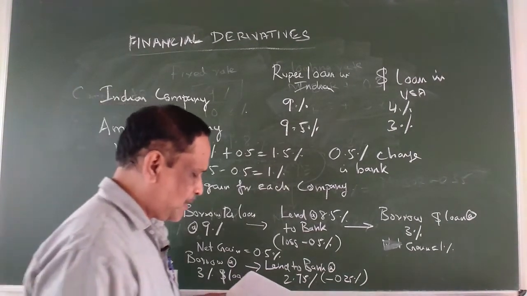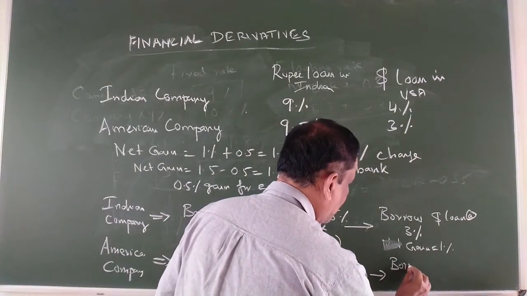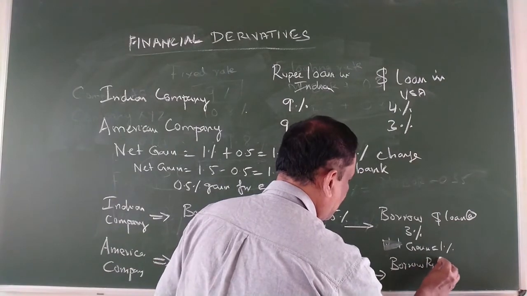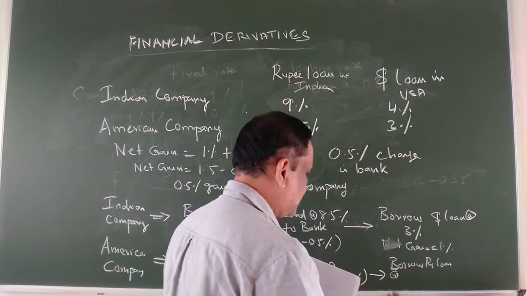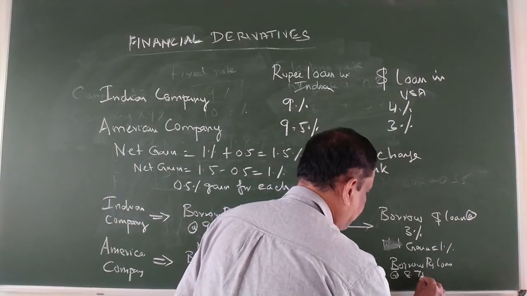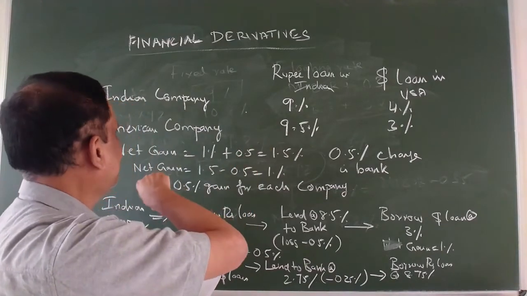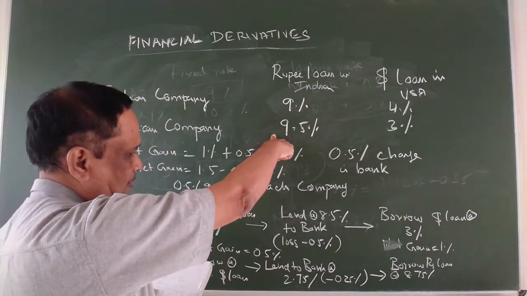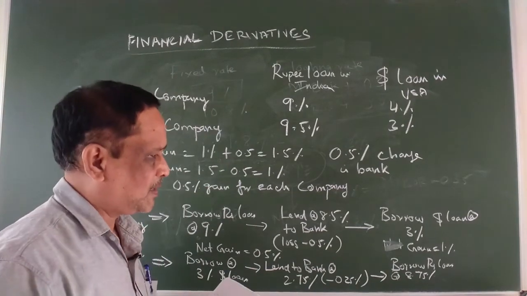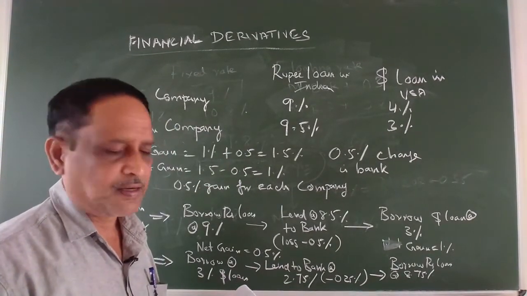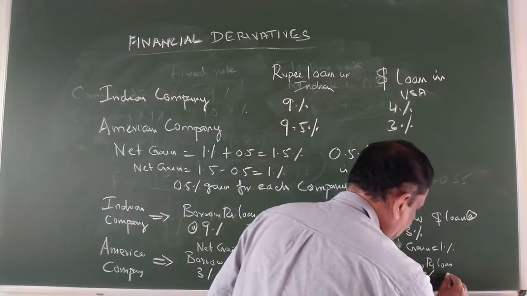And for the Indian rupee, they will borrow a rupee loan from the bank at 8.75 percentage, whereas the original rate of interest is 9.5 percentage, so the gain will be 0.75 percentage.